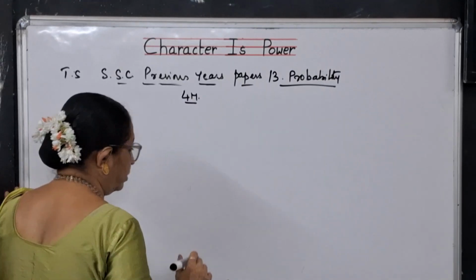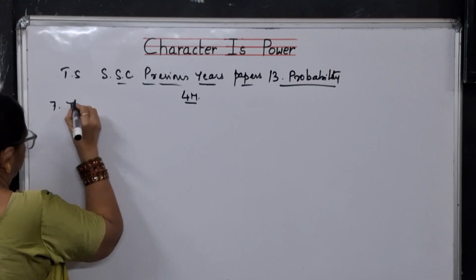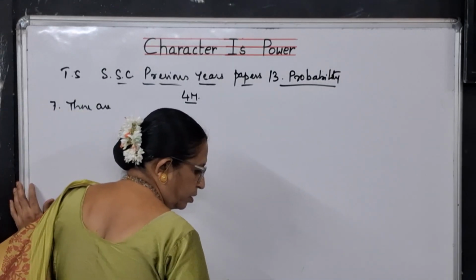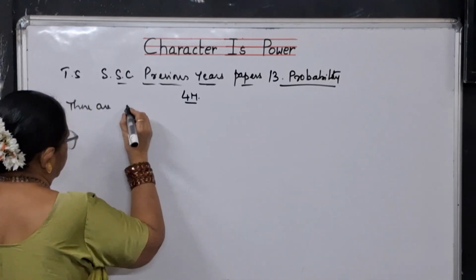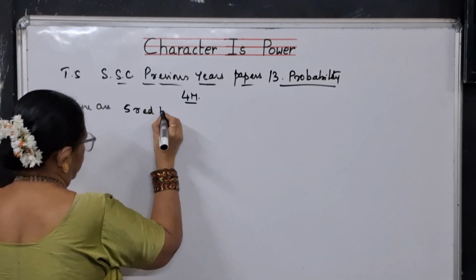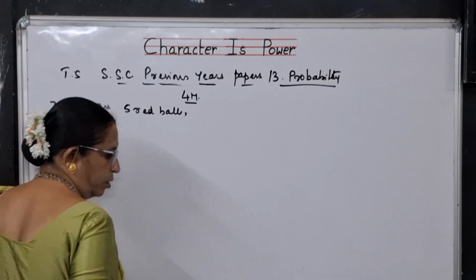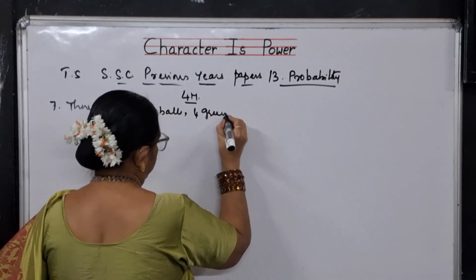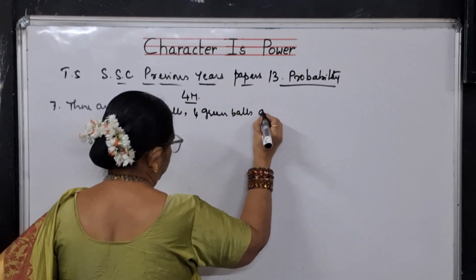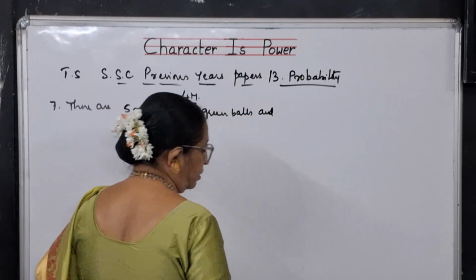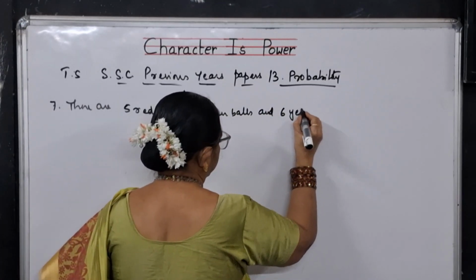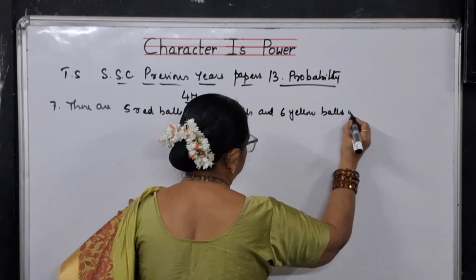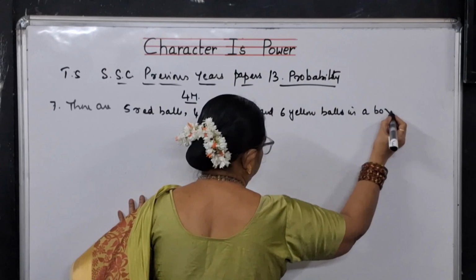Now, seventh one. There are 5 red balls, 4 green balls, and 6 yellow balls in a box.